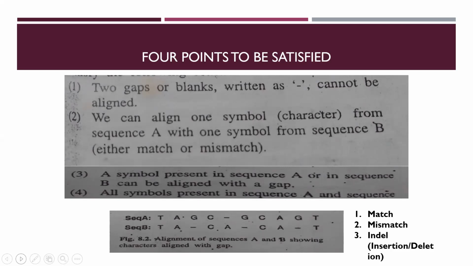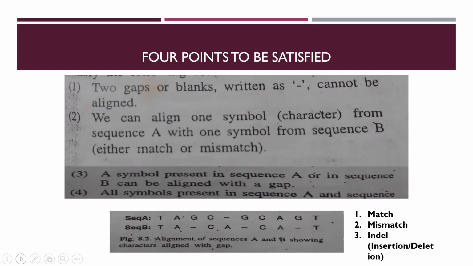Only the two sequences were aligned, and then we looked for the number of matches. In the previous case, we did not see any gaps in the alignment. Why? Because the length of both the sequences is the same. When the length is the same, there is no necessity for blanks to be introduced.